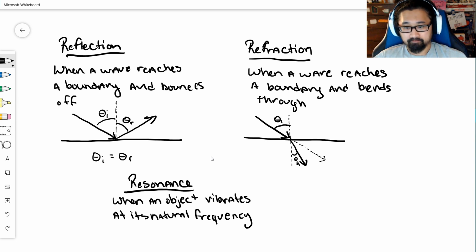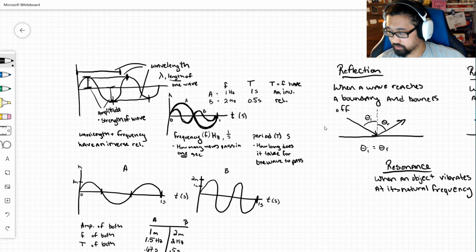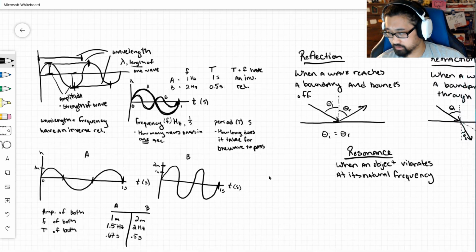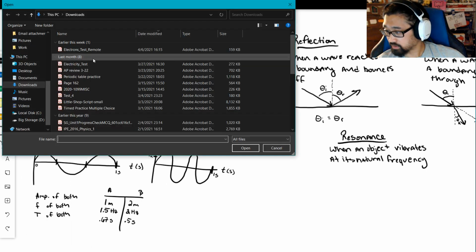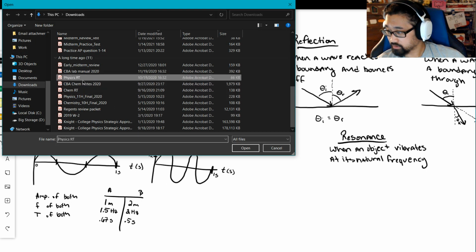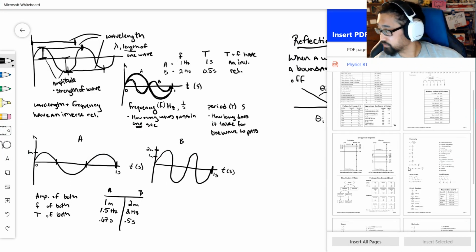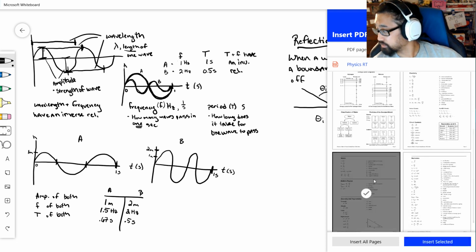I'm going to do one more thing here, and it's related back to these. I'm going to mention some equations, and I'm actually going to pull up your reference table. I'm going to look for waves.